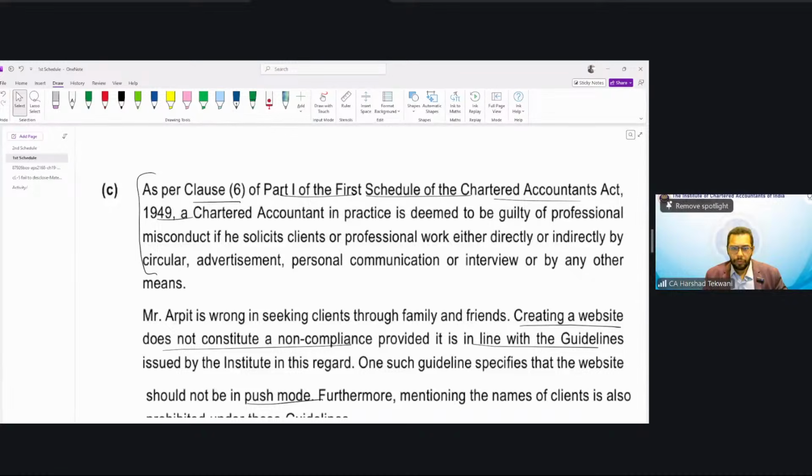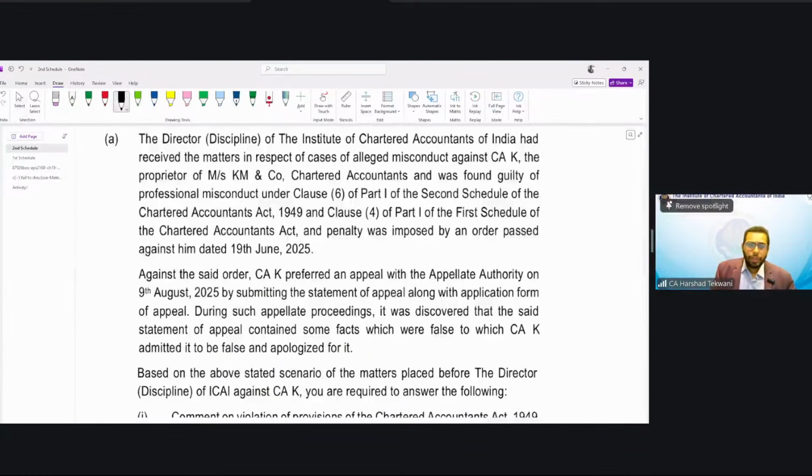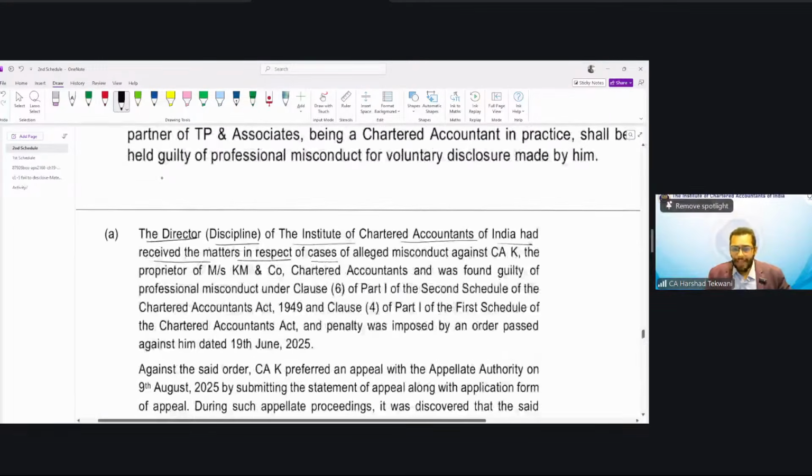The Director Discipline of the Institute of Chartered Accountants of India had received the matters in respect of the cases of alleged misconduct against CAK, the proprietor of Messrs.